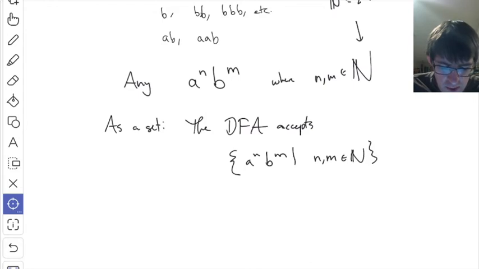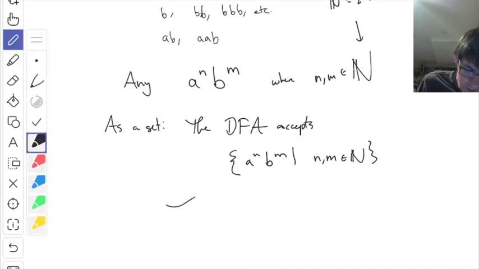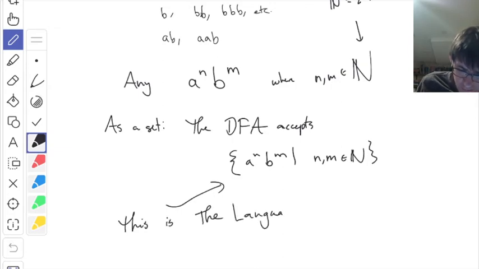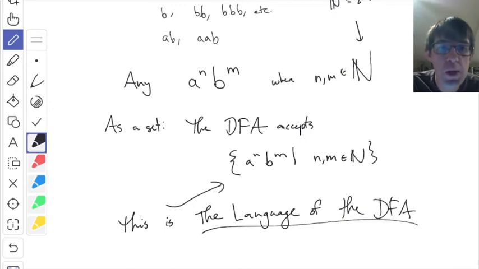So this says it's the set of all strings that look like A to the N, B to the M, such that N and M are natural numbers. All right. This set, there's a name for that. This is called the language of the DFA. Remember, the word language just means any set of strings.